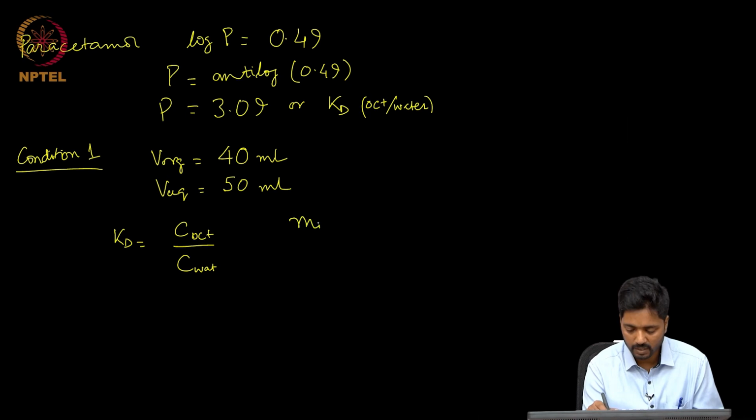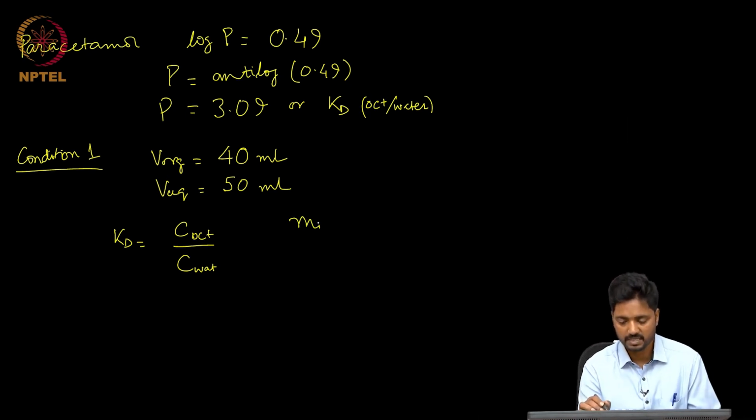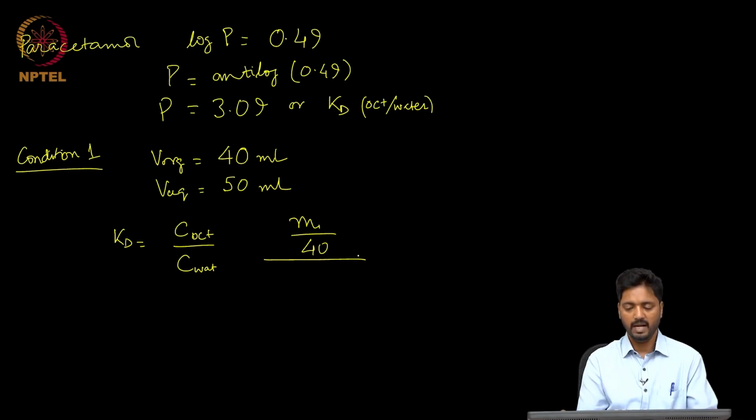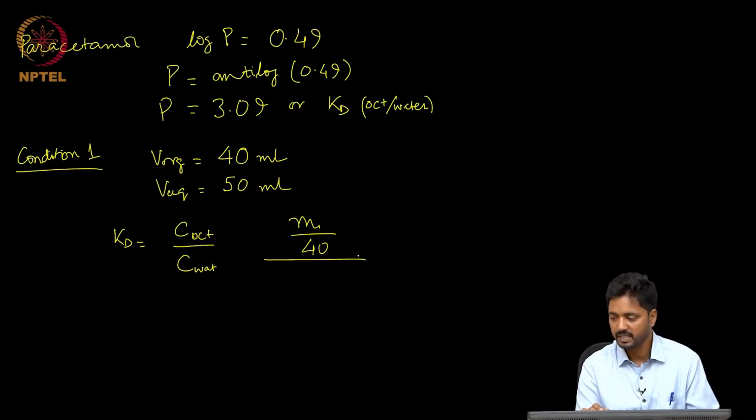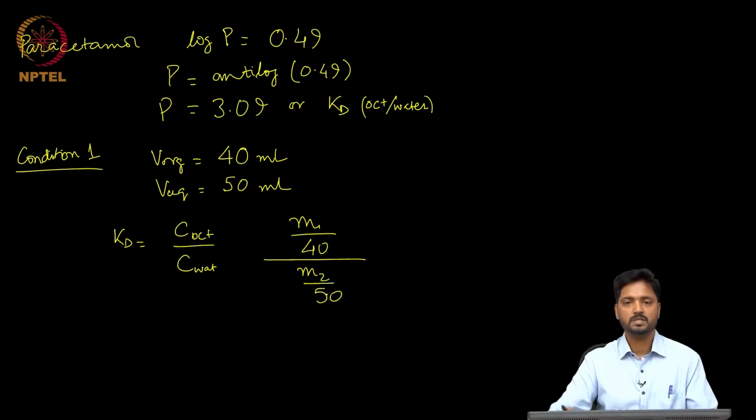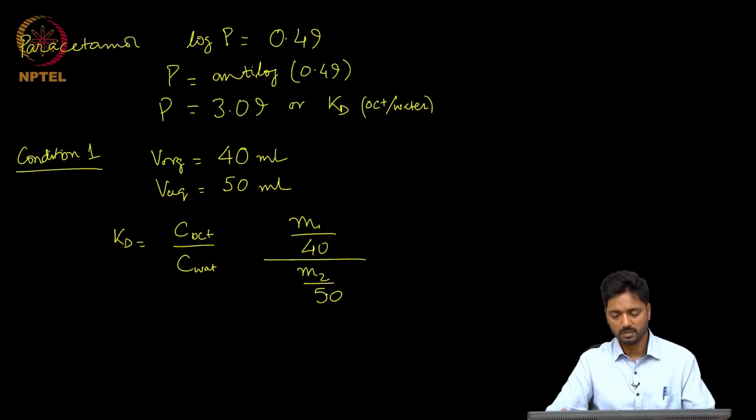Suppose M1 is the mass that gets transferred into the octanol. The volume of octanol in this case is 40 ml, and the amount that remains unextracted in the aqueous layer is M2, dissolved in 50 ml of the aqueous layer or the water.